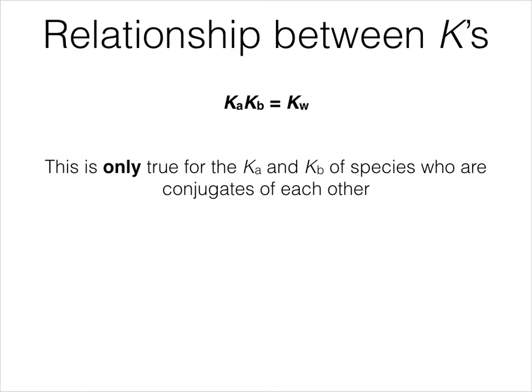And so this is just repeating this relationship. Now, this relationship is only true for the Ka and the Kb of species that are conjugates of one another. And so this is true if we look at acetic acid and the acetate ion.